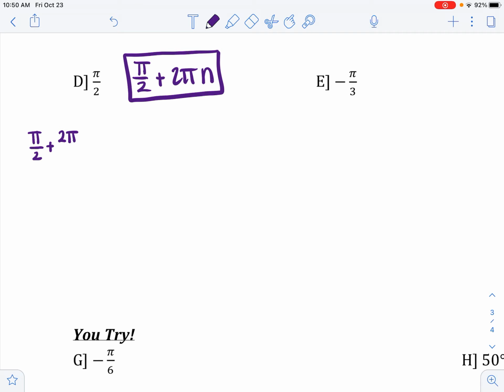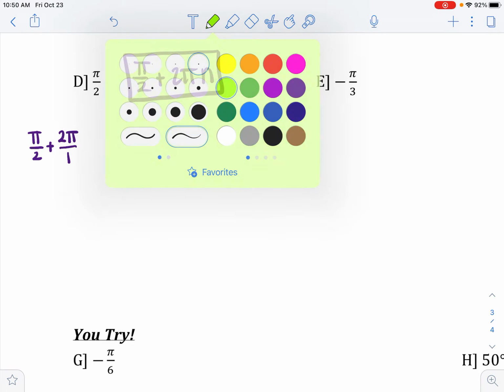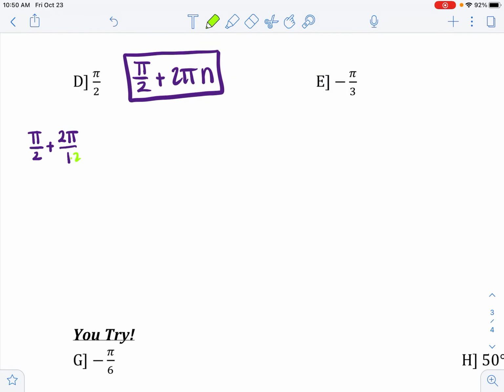I have a fraction to add with a non-fraction, so I need a common denominator. I'll put this over 1, and my common denominator is 2, so I multiply this by 2 and this by 2. This becomes 4 pi over 2. So pi over 2 plus 4 pi over 2 is 5 pi over 2. That is my coterminal angle.